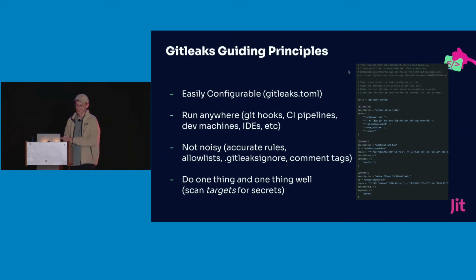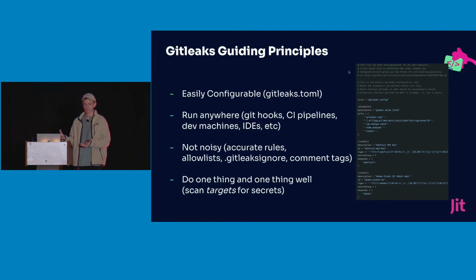Another guiding principle is it should be able to run anywhere. So Git hooks, CI pipelines, developer machines, IDEs, GitHub Actions, etc. Another principle is it shouldn't be noisy, and that's achieved through accurate rules. Like I said, I spent a lot of time on these regular expressions, finely tuning them.